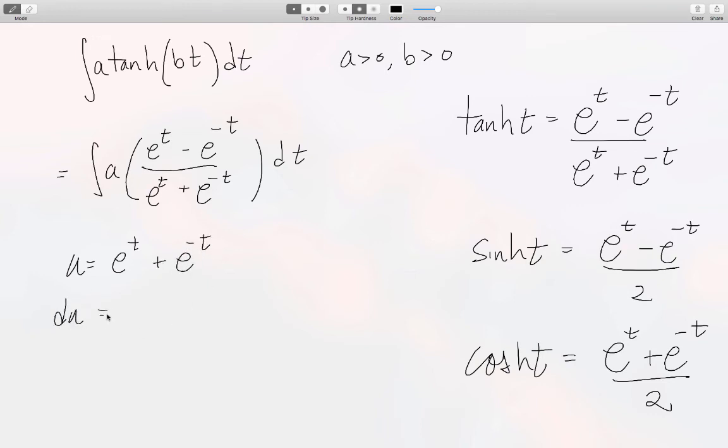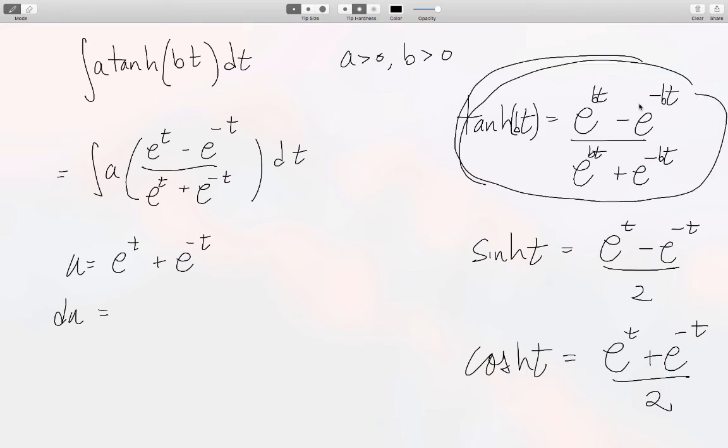Oops, I'm sorry, this is a hyperbolic with a b. So if you had a b in the argument, you'll get a b in every one of these. So this is b, negative b. And so that's what I want to substitute.